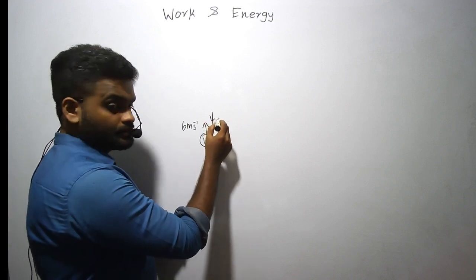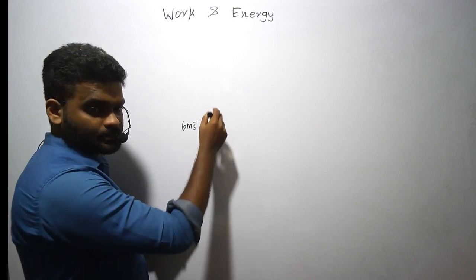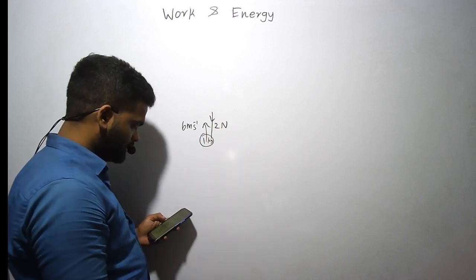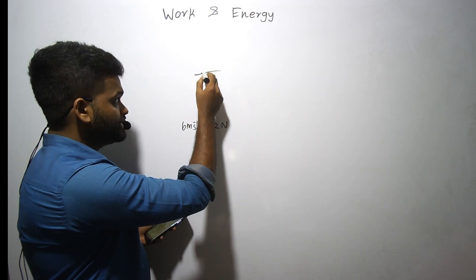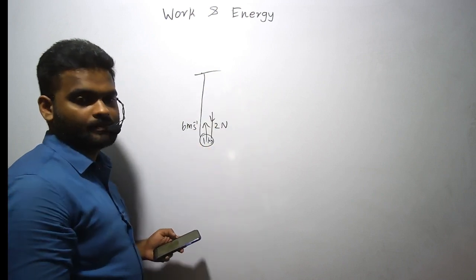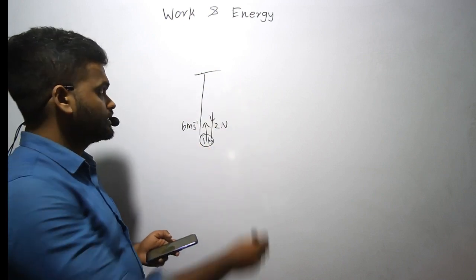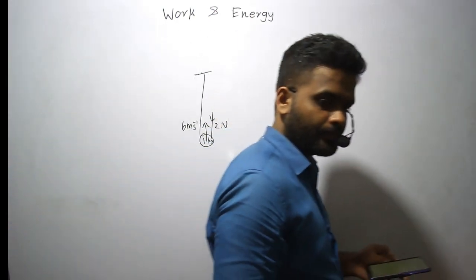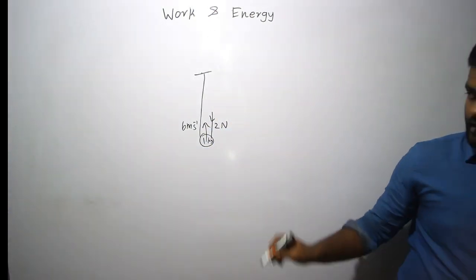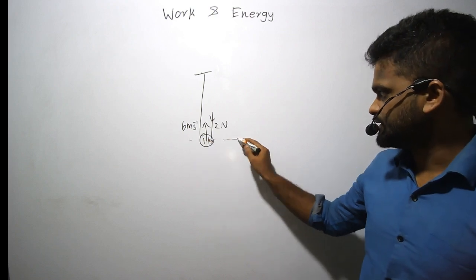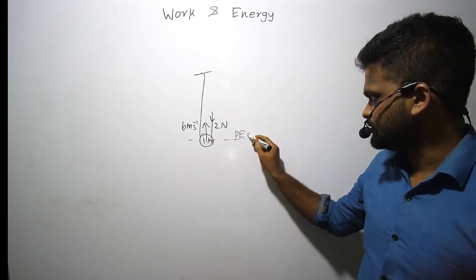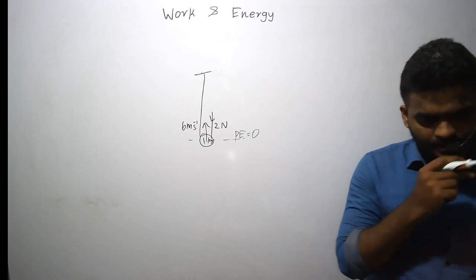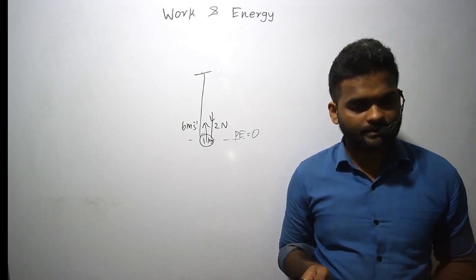The average resistive force, it always opposes the motion, right, is 2 Newton. Maximum height it reaches. So how does the energy conversion happen there? In these types of questions, there's a change of potential energy, so you need to have a PE equals 0 line.